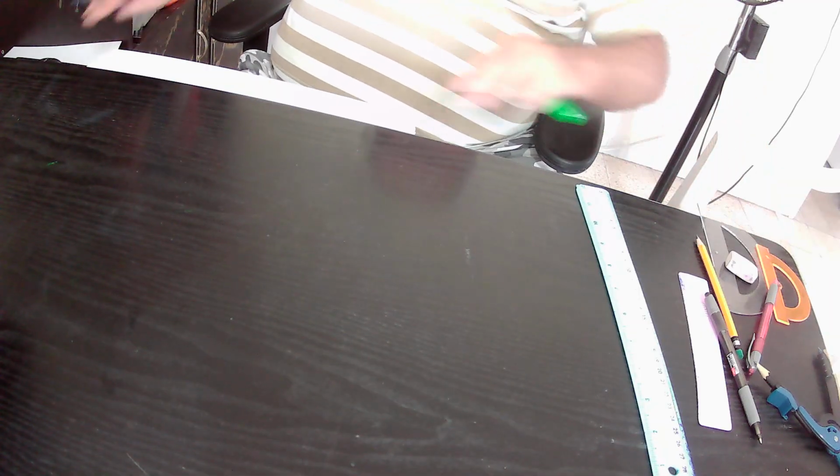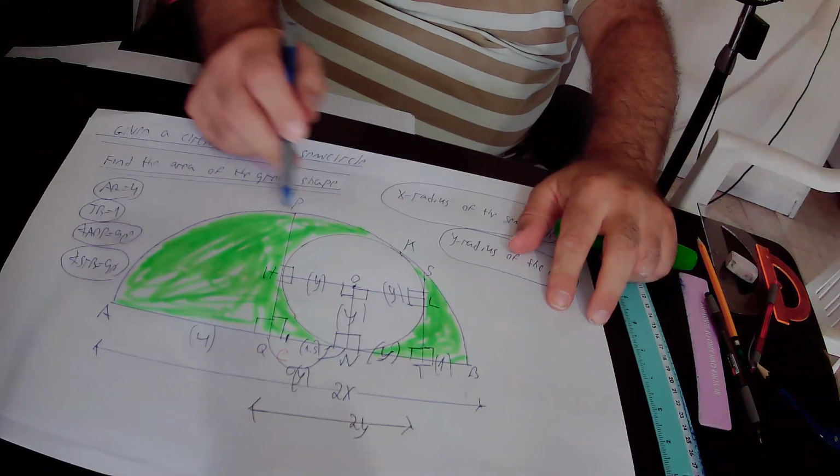So we can actually implement rule 9 in our drawing. In our drawing, we have an internal touch between the small circle and the big semicircle.